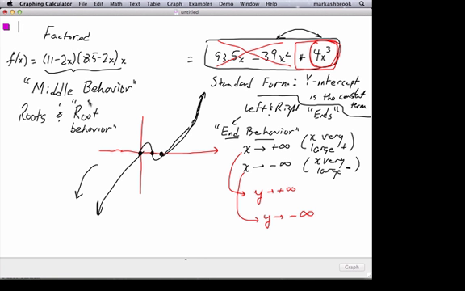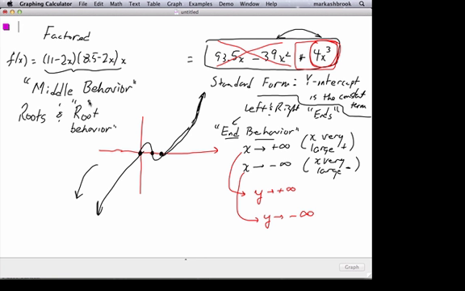So let's see if there's a good practice problem here. If your leading term is a negative number, is that going to change your end behavior? Yeah, you have to analyze for end behavior each one separately. It won't always be positive y to the right and negative y to the left.